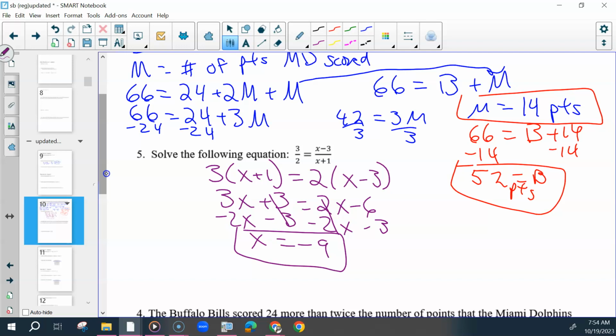Questions on either of those? Okay. So we need to finish our intercept notes, and there's one last thing we have to do. So go on to your intercept notes.